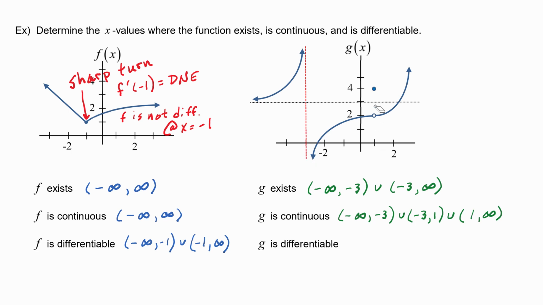It also happens here at x equals 1. So then g is differentiable from -infinity to -3 union -3 to 1 union 1 to infinity.